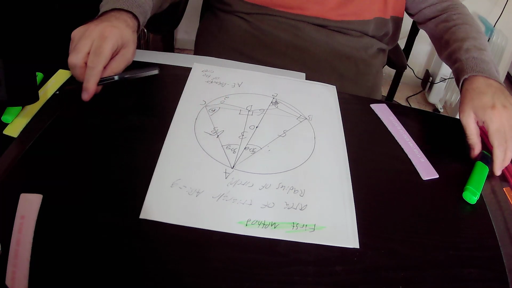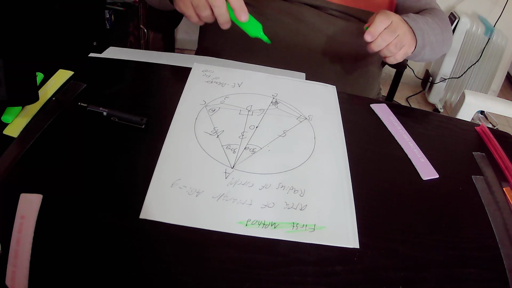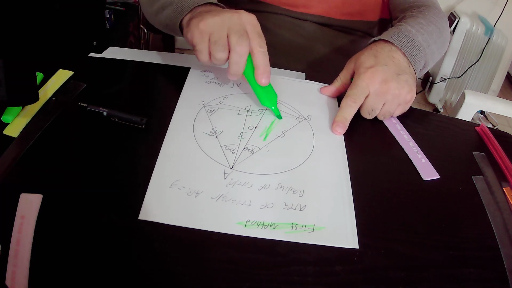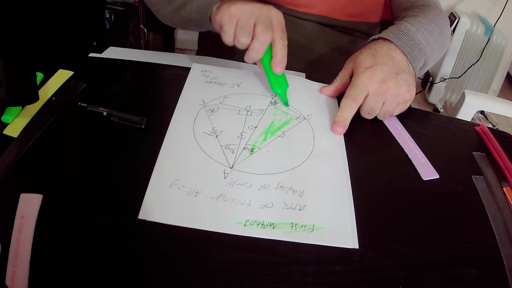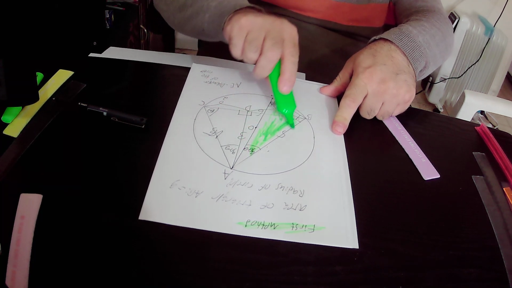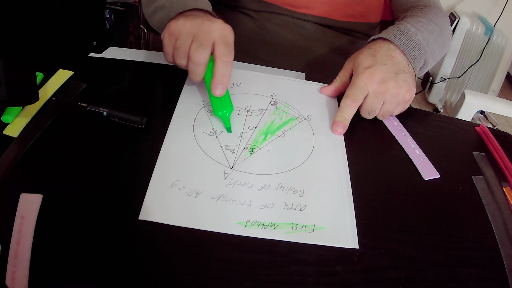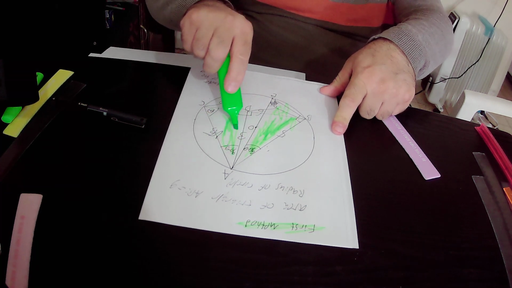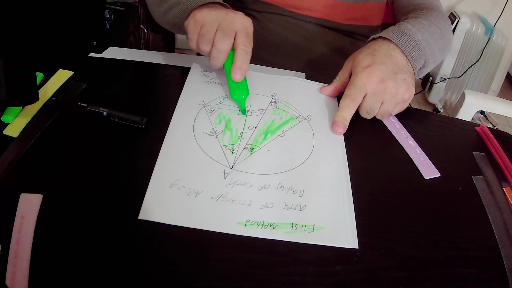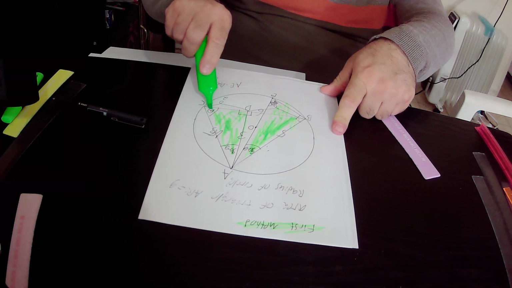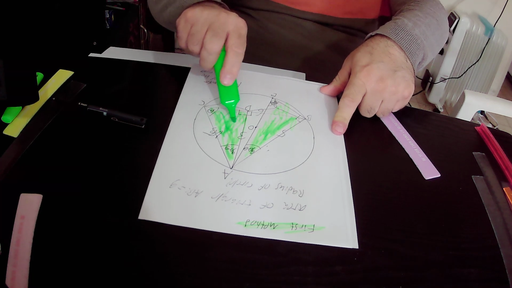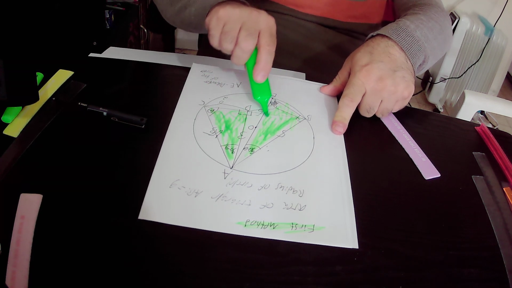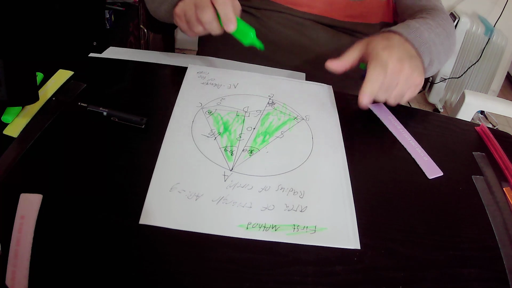In the next step, we will prove that right green triangle AEB is similar to the right green triangle ADC. So why are those two right green triangles similar to each other?